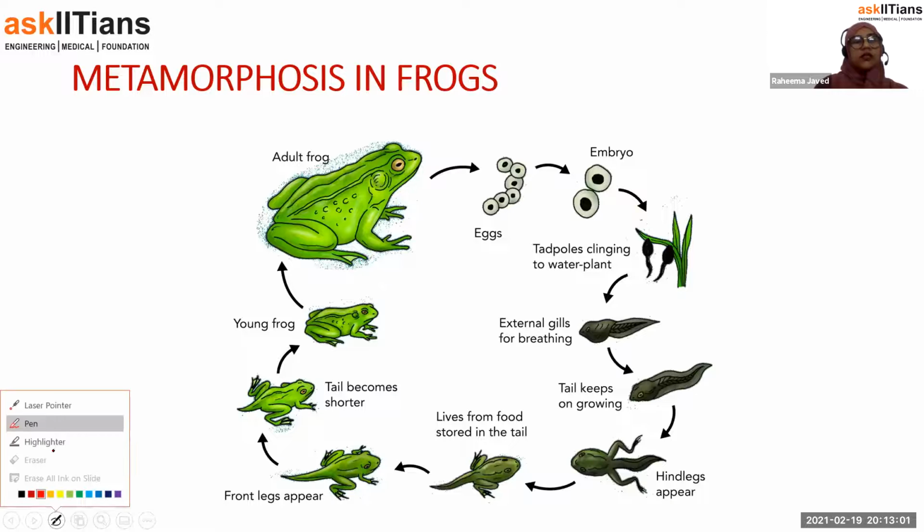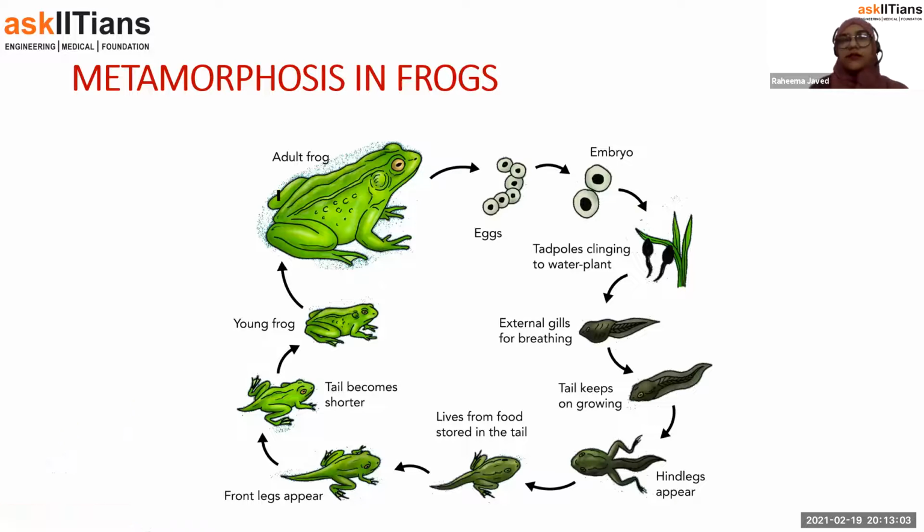So this picture shows the life cycle where the adult frog lays eggs, and the eggs after fertilization convert into embryo. Fertilization process is not shown here, they have external fertilization, and after the fertilization the embryo is also developing outside only, and this embryo undergoes multiple divisions and gives rise to tadpoles.